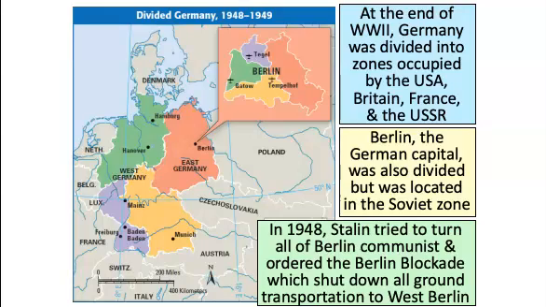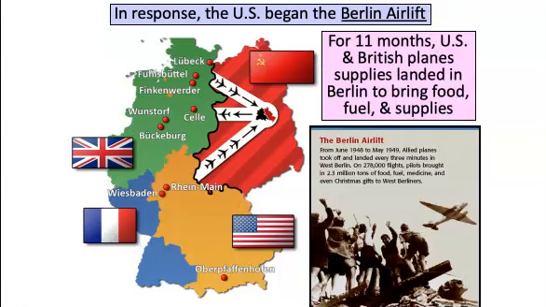Now, West Berlin relied on everything to be shipped in to that city, and did for decades. Now, in response, the US was not going to be kowtowed by Stalin. And so we begin the Berlin airlift. For 11 months, US and British planes are going to supply the city with everything.